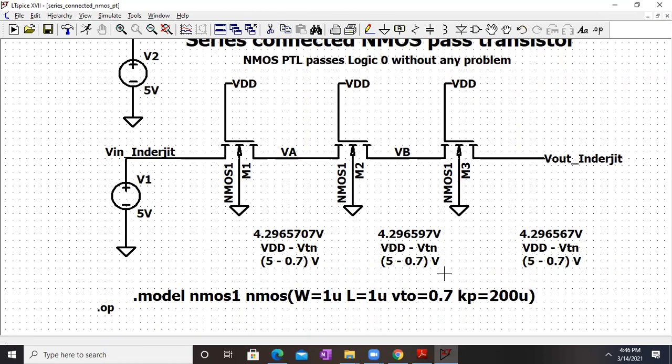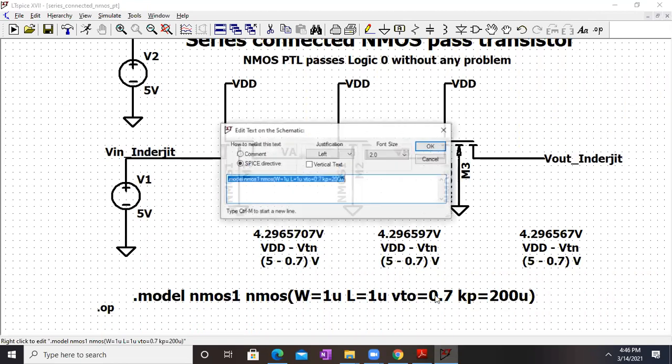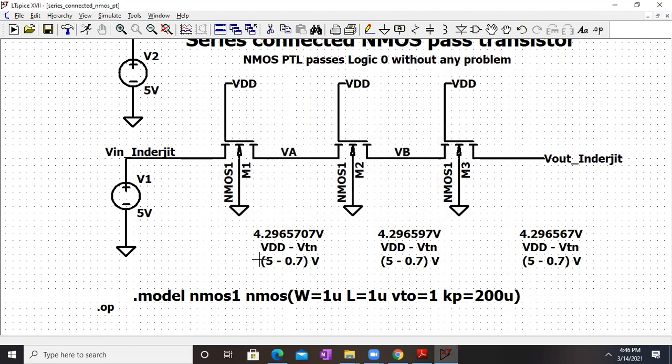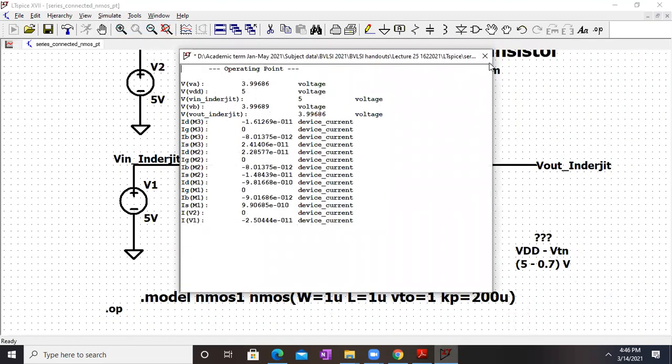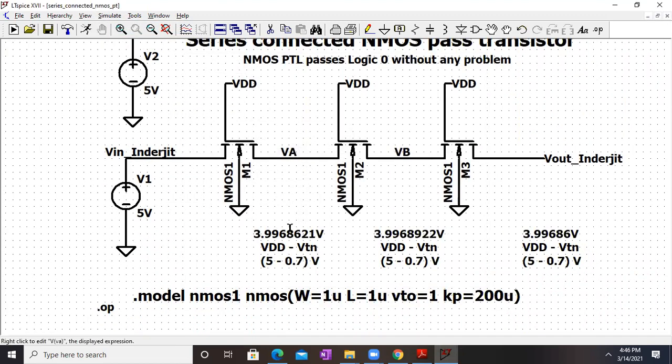Okay, and if you don't believe it, we will change the value of VTO to, let's say, 1 volt. So what should be the expected answer? Close to 4 volt, right? See, right now it is VDD minus VTN. Now VTN is the same as your VTO over here. In the dot model statement, we write it as VTO.